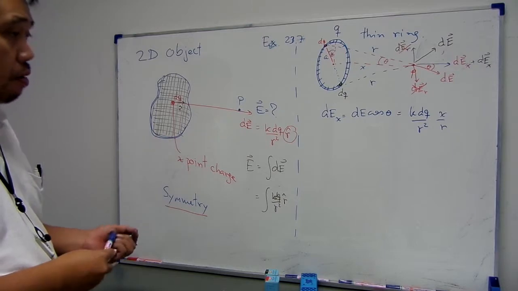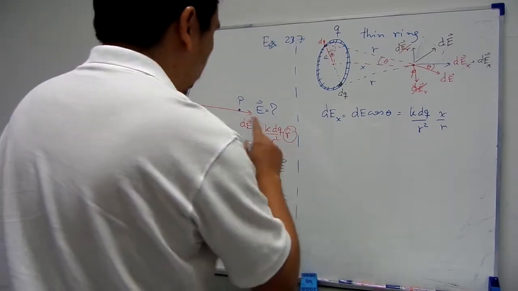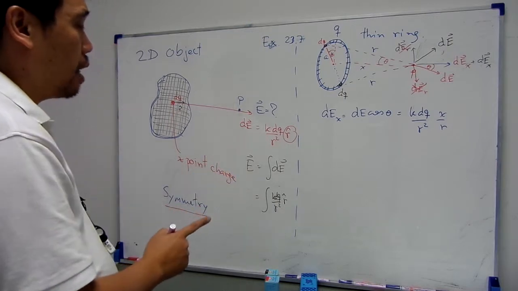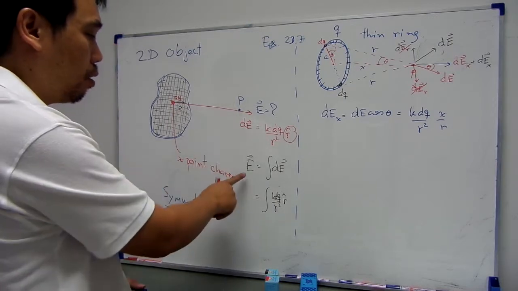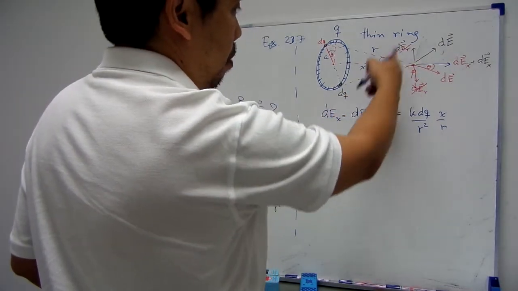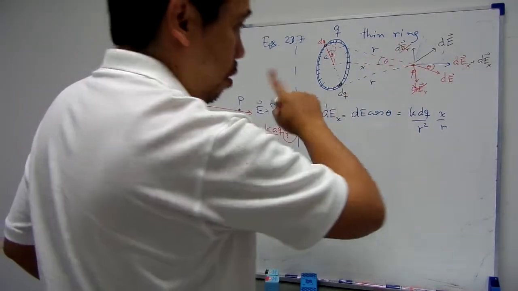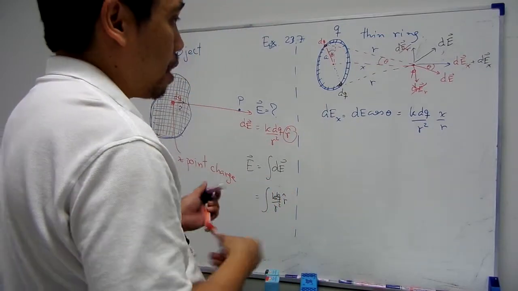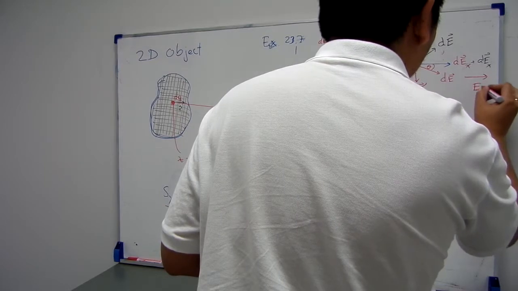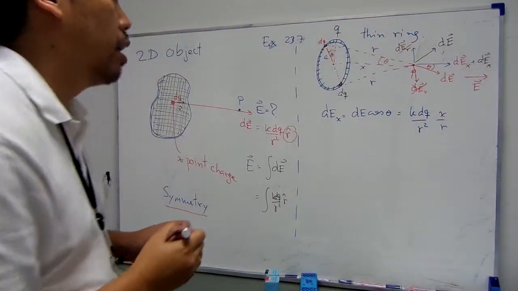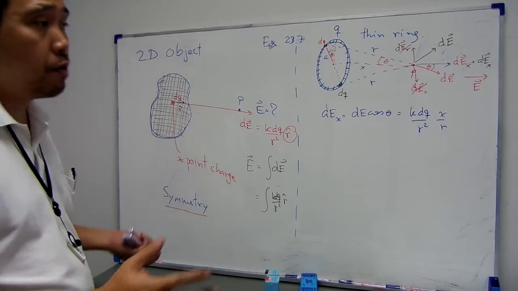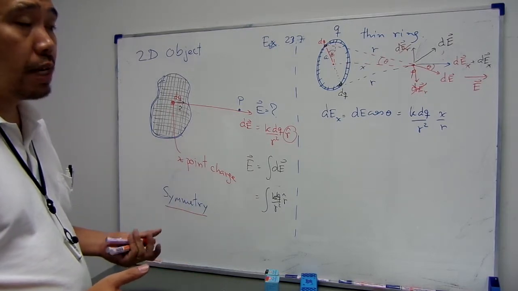Now we want to calculate. You can see that we know exactly what the direction of the total E is, because the radial component will cancel. So the vector E must have the direction along the axis of the ring. We don't have to worry about the direction of E anymore.